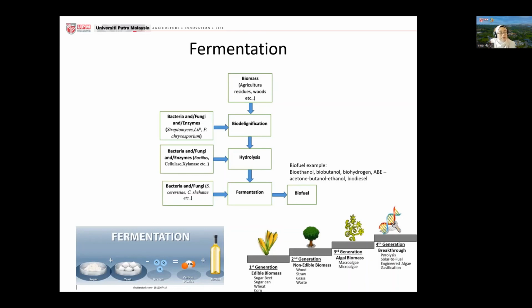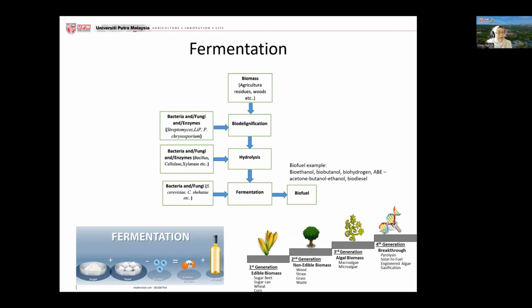Smaller forms here refers to things like glucose, sucrose, etc. Hydrolysis will do that for you. All right, and when you finally get the sugar, you can proceed with fermentation, and that will transform the sugar just now into biofuel.